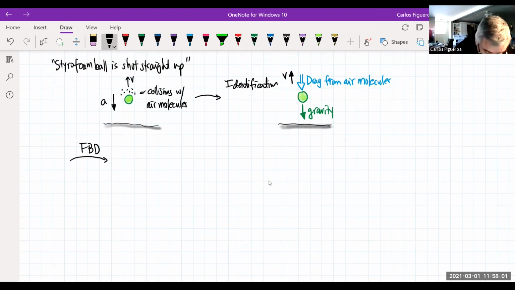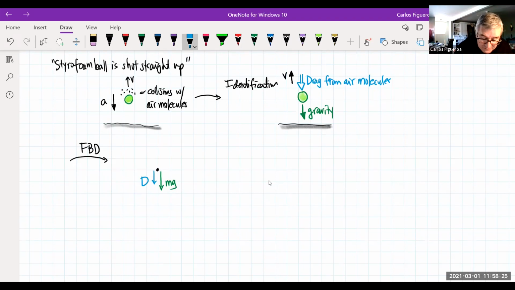I take that ball and put it at the origin. Then I see there are 2 forces acting on it: the force of gravity, and a second force, the drag force.